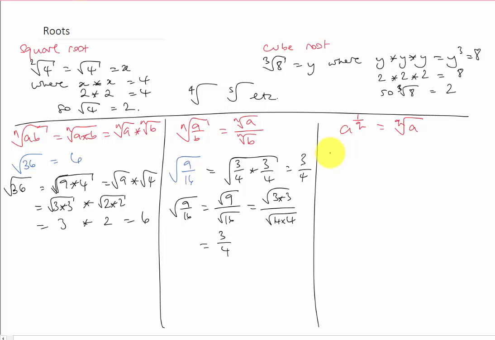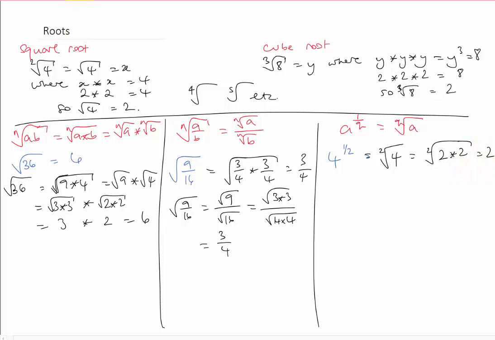So if we've got 4 to the power 1/2, that's the same as the square root of 4. Yeah, just believe me on this, I think. And so that's the square root of 2 times 2. If we don't write the 2 here, if you just see this symbol without a number, then assume that it's a square root.